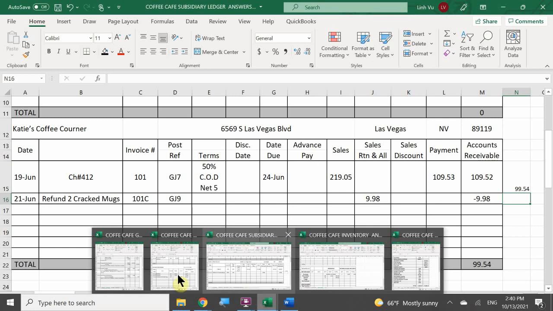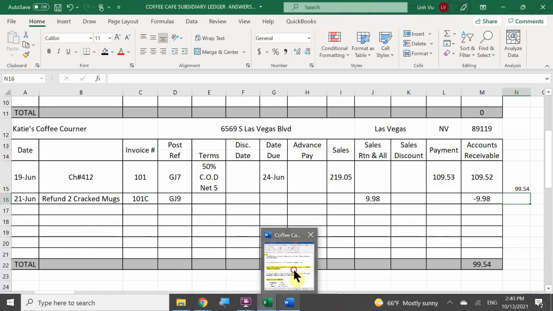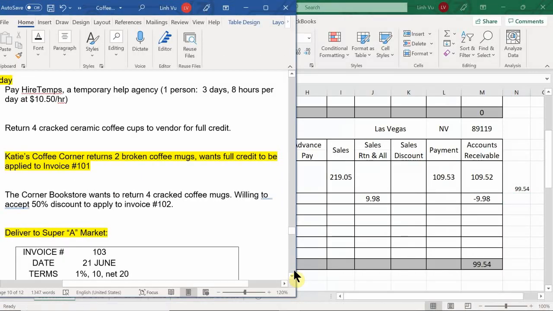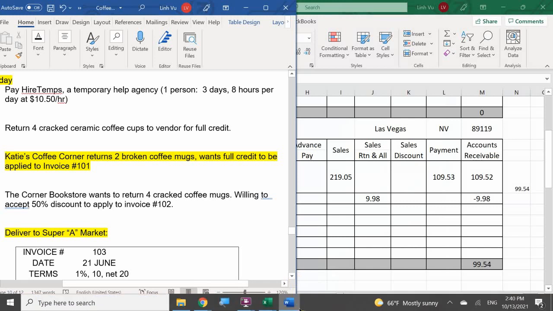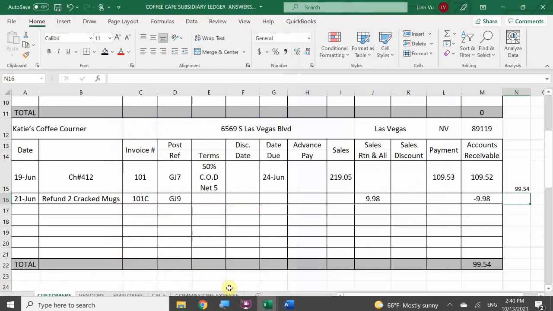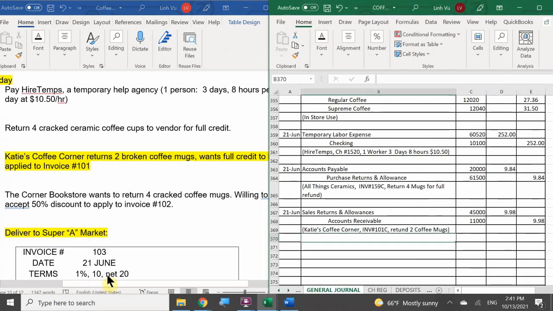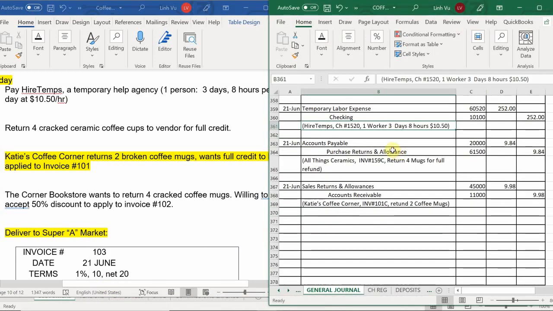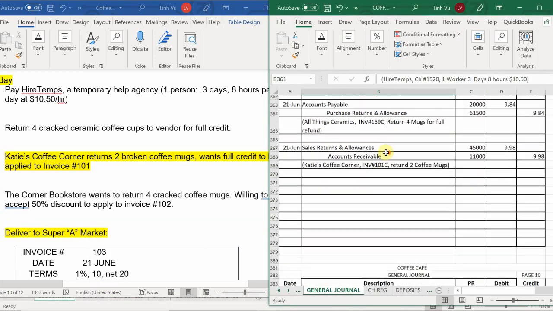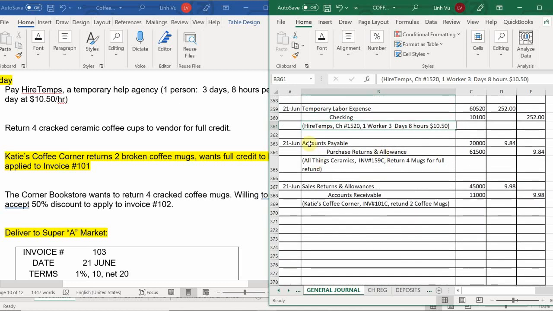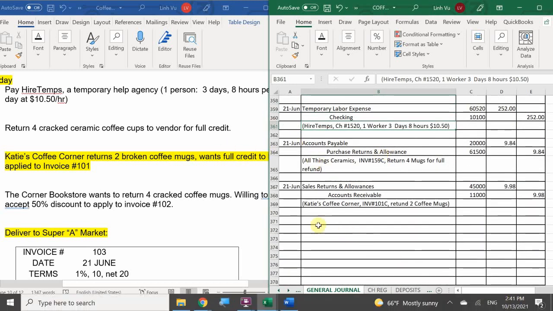So next, let's go see another one that they're gonna return. So the corner store is gonna return to the customer. Yes, because Alan must have broke them while delivering. So in this case, the same.